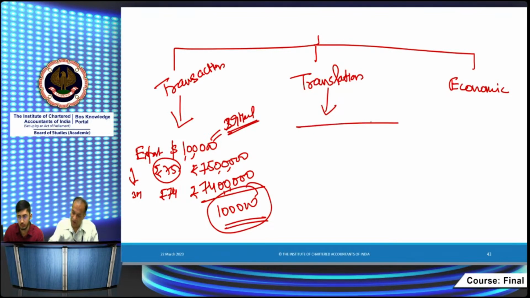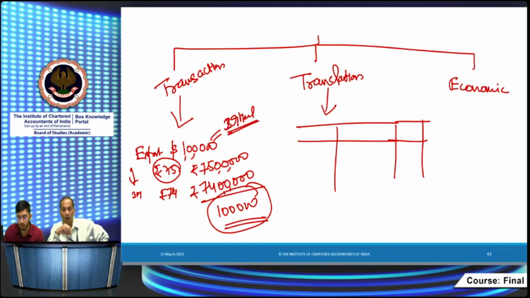Since the reporting currency of the Indian company is the rupee, they will convert it. On 31st March, the rate was the same, 75. So they will show the receivable as 75.